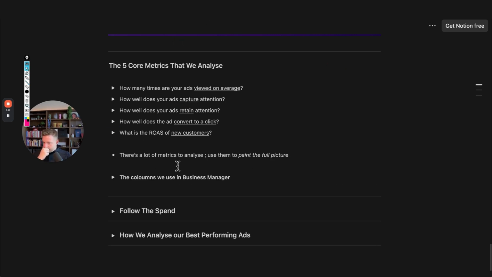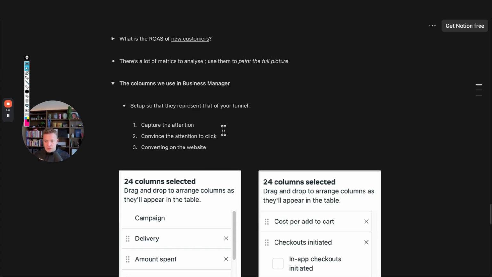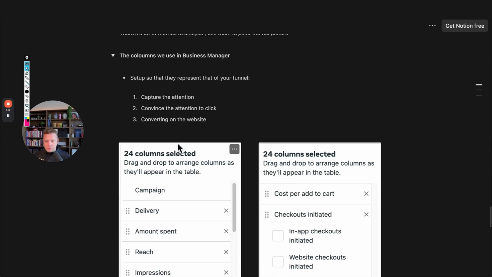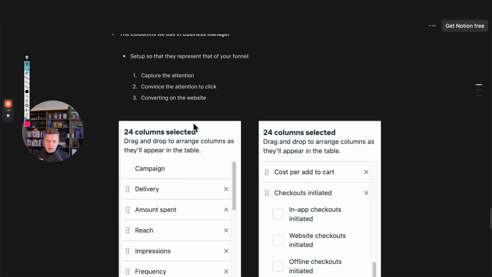So with that out of the way, there are a lot of metrics to analyze, and you want to use all of them to paint the full picture of your overall performance. The columns that we use are these right here. We have 24 metrics or KPIs that we are tracking inside our Facebook ad account.